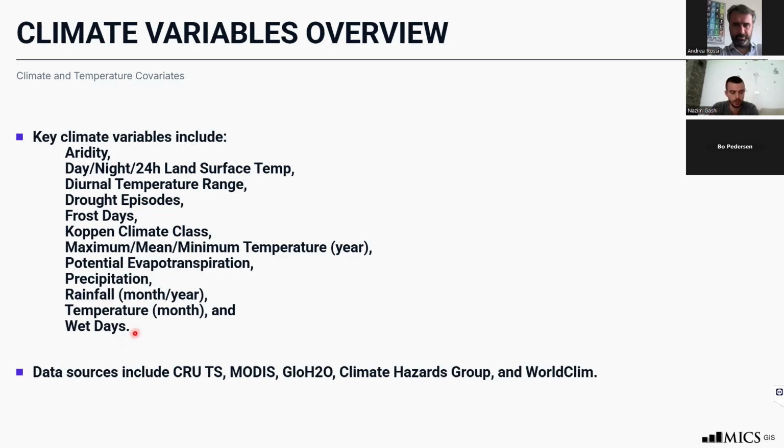And for all these climate variables, the data sources are listed here. So for most of them, the data source is CRU TS, the latest version, which is version 4.09. And then some data are coming from MODIS and GLOH2O, Climate Hazards Group, and WorldClim.